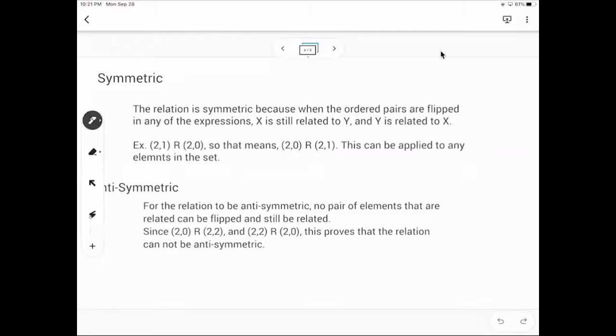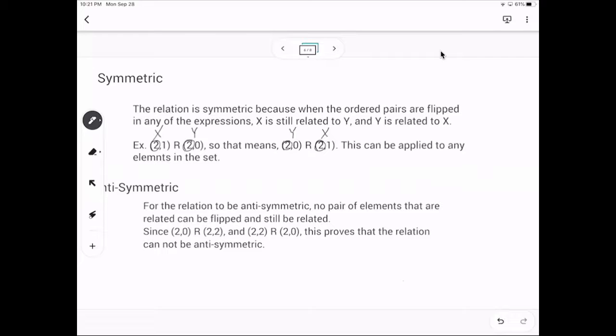So we can call (2,1) X and (2,0) Y. And if we flip the order of these elements, we have Y is related to X. Well, we know that (2,1) is related to (2,0) because the A1 is 2 and the B1 is 2, which means that they're related. And when we flip the order, we still have that the A1 is 2 and the B1 is 2, meaning that they're related.